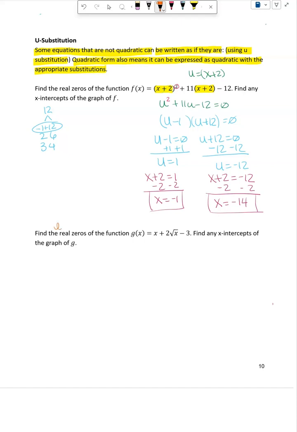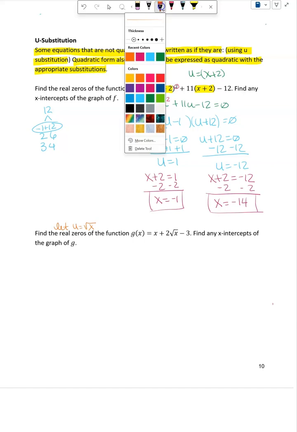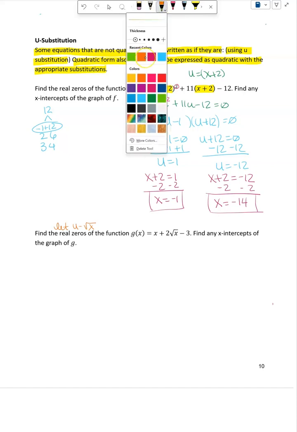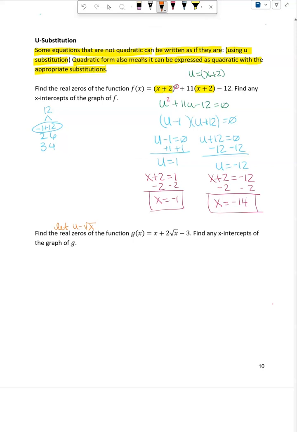So let's let u equal the square root of x for this one. Okay, but let's not stop there. Let's step over to the side so y'all have both without me messing one up.